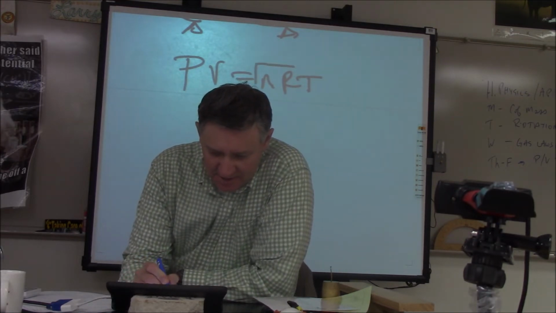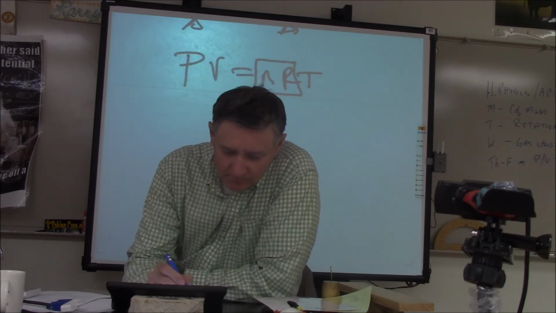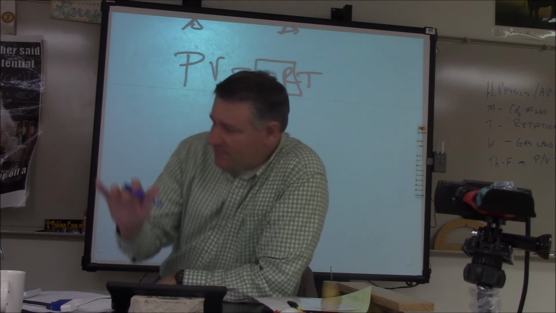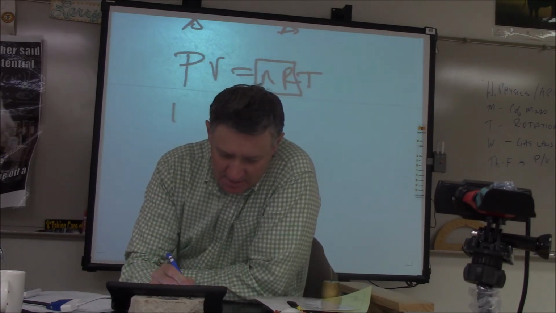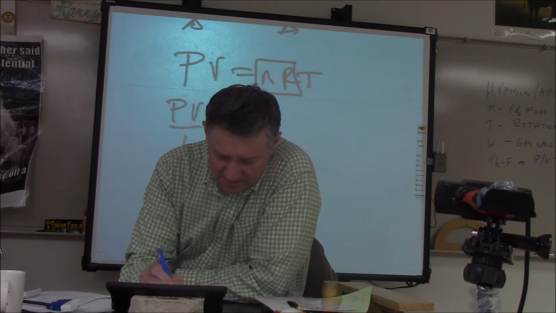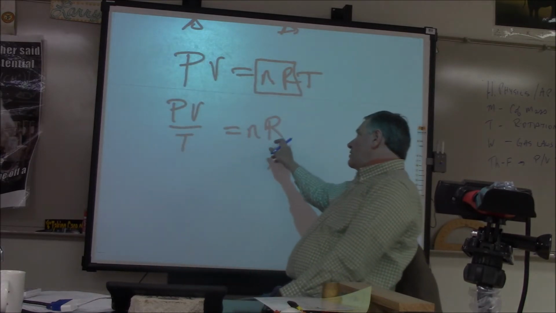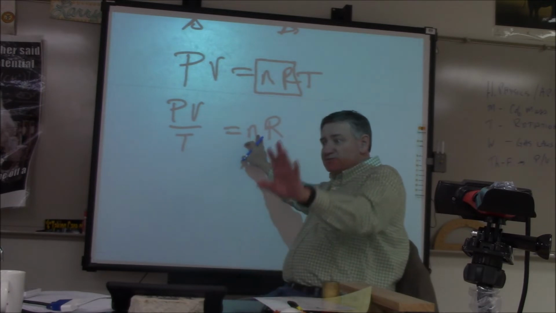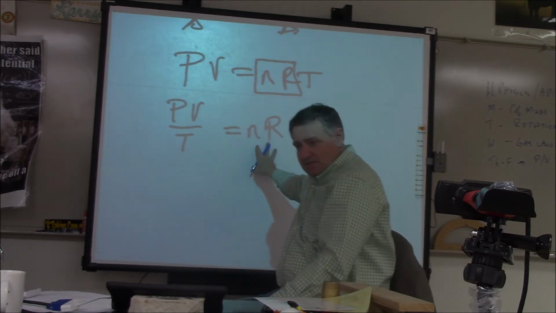Typically, your n and your R are going to remain constant, okay? So if you move the temperature over here, you get PV over T equals nR. Now, unless there's a leak or you're injecting gas into the system, this remains constant.